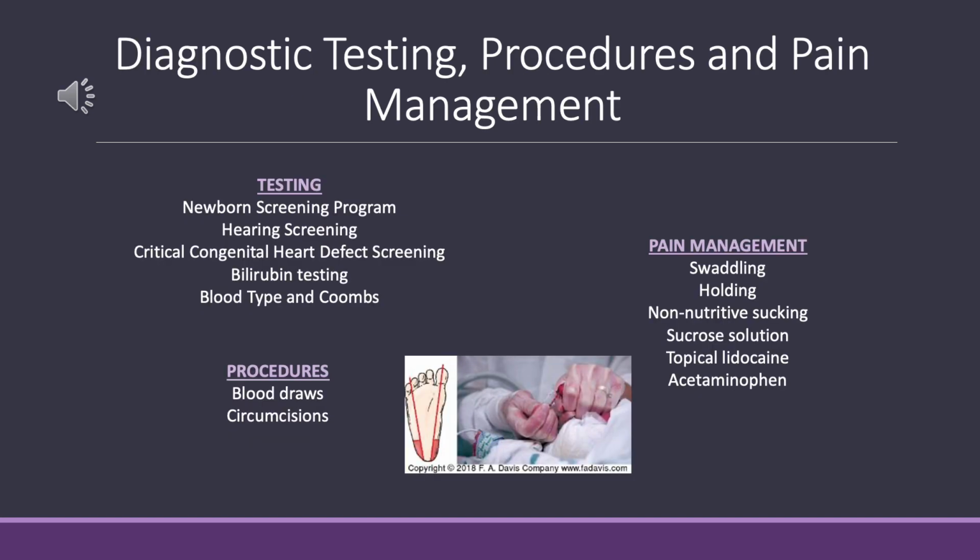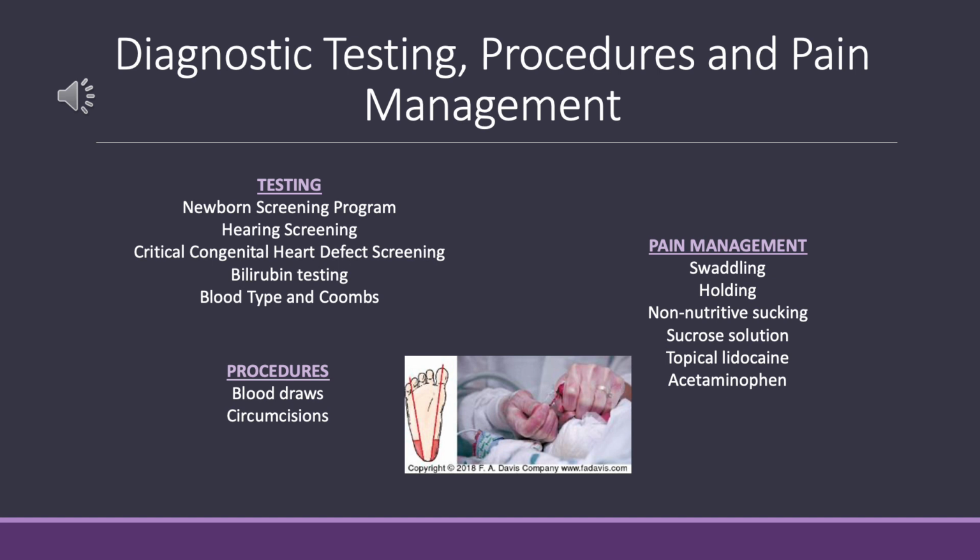So neonates undergo a lot of testing while they are in the hospital. Some of it's mandatory, some of it's elective. In regards to testing, all states have a newborn screening program that tests for metabolic and genetic disorders by gathering a heel stick blood sample from the neonate placed on specific PCR paper that is then sent to the state labs for processing.